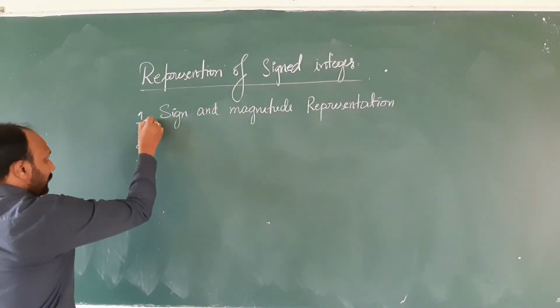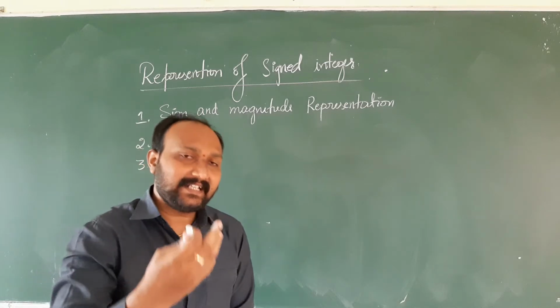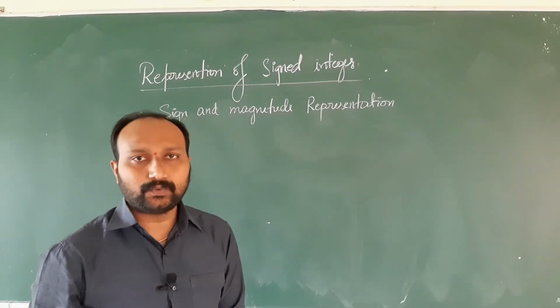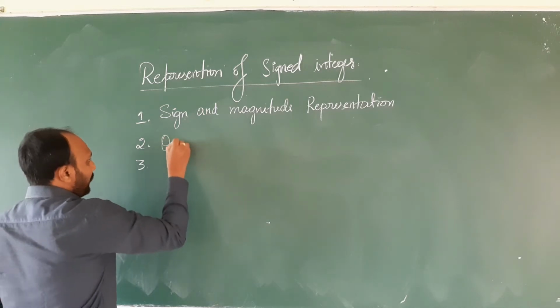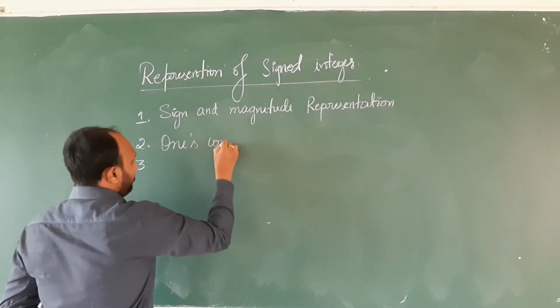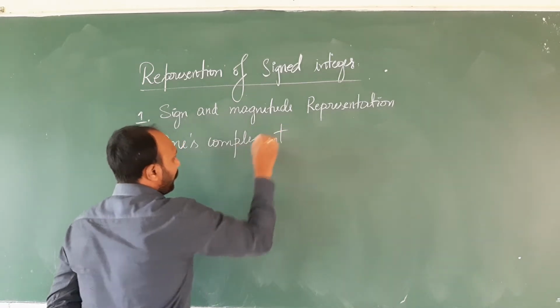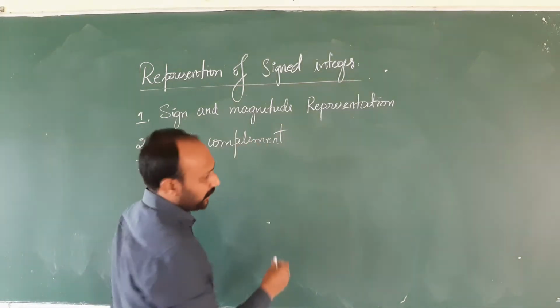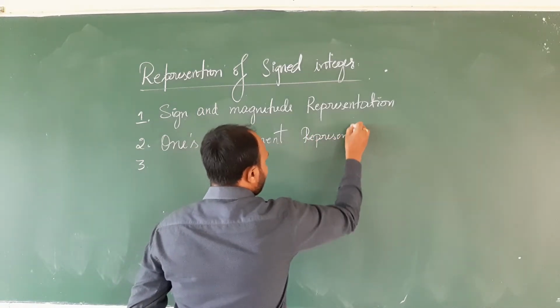Similarly, the second way to represent a signed positive or negative value into its equivalent binary is using ones complement representation.